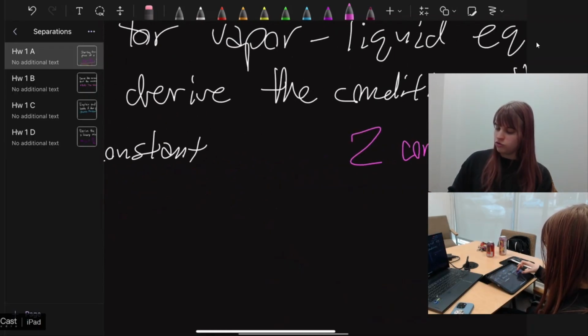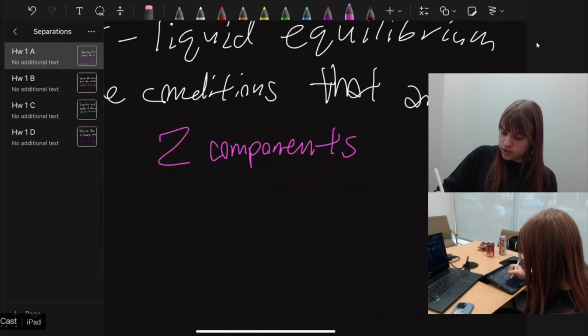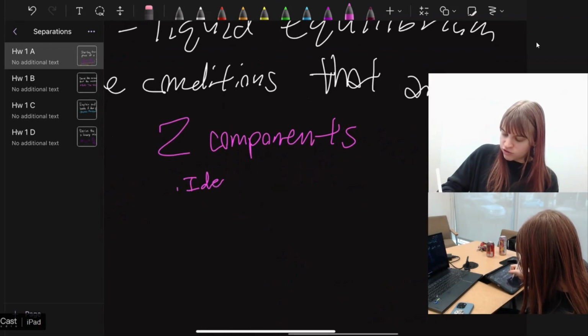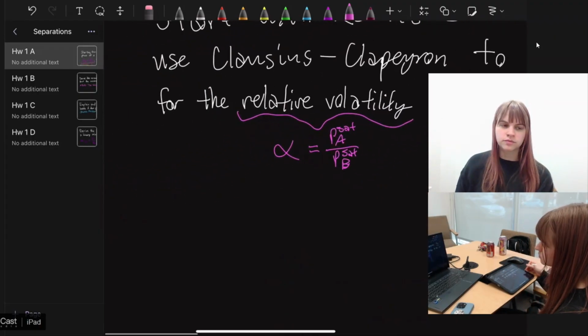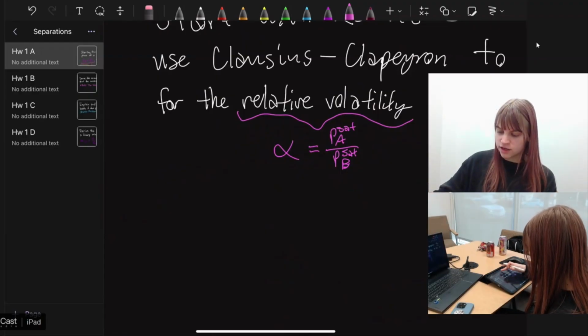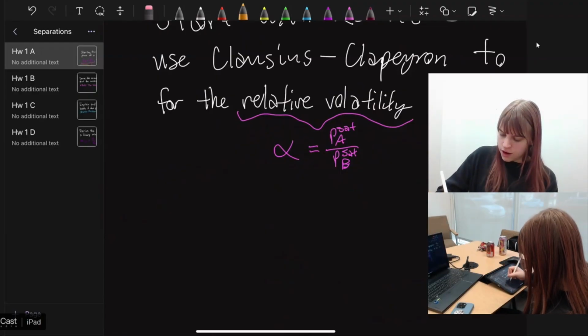We are going to treat these two components as being in an ideal mixture, just for a simplification of our calculations. And as it said above, we want to use Raoult's law.